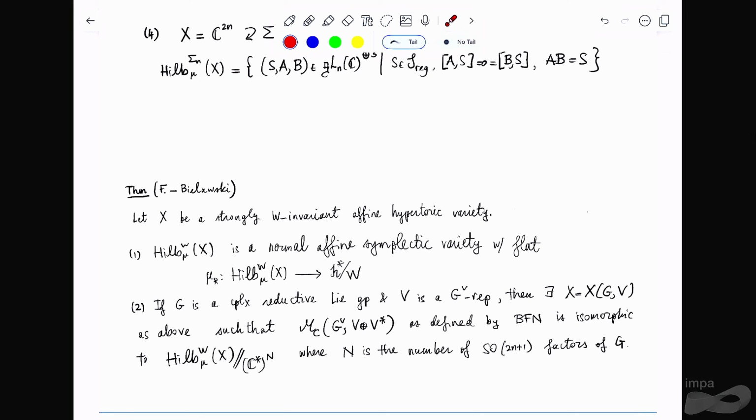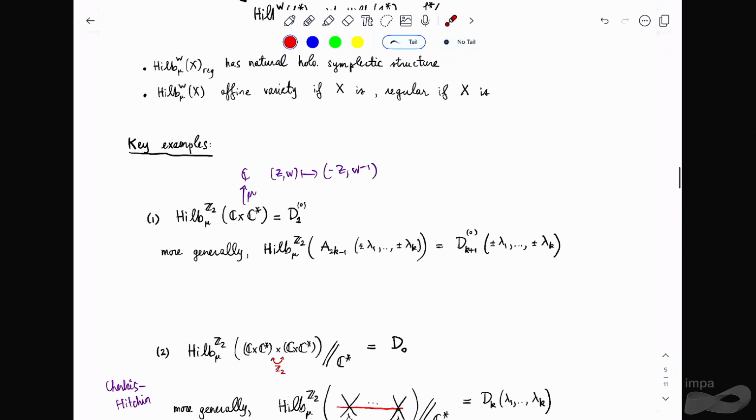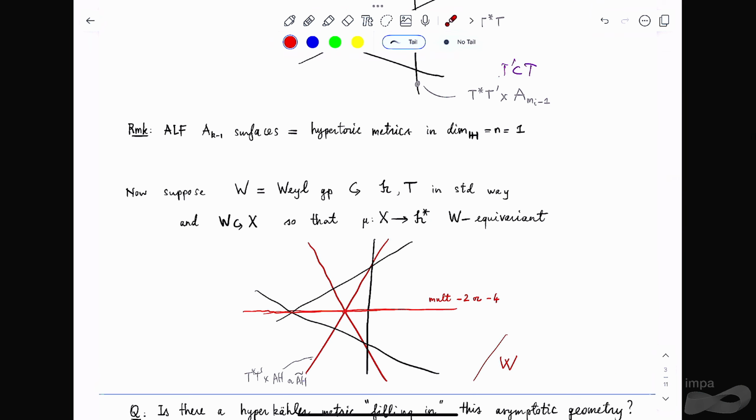So going back, we had this cartoon picture, and this gives us a way to fill in this cartoon picture in the complex symplectic category. But what we would really like to produce is some Hyper-Kähler spaces.